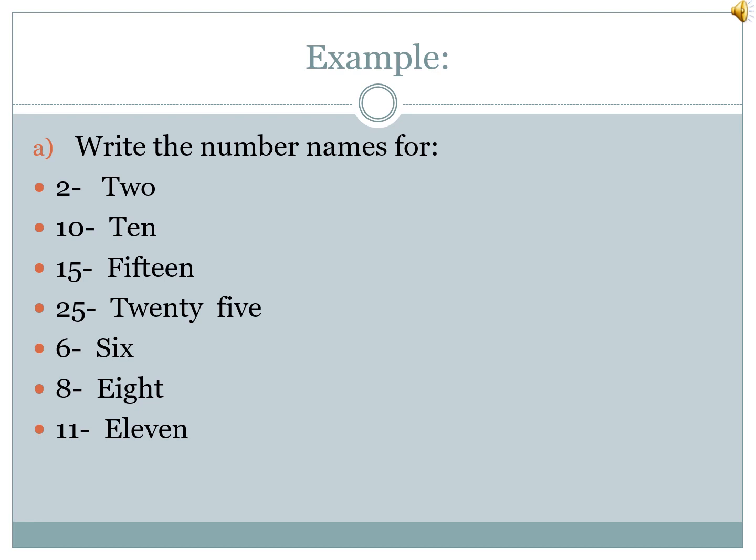Answer is T-W-E-N-T-Y, 20, F-I-V-E, 5. Then next is 6. S-I-X, 6. Next is 8. E-I-G-H-T, 8. Then the last question is 11. E-L-E-V-E-N, 11. The questions will be like this only in your exams also and in your class test also.